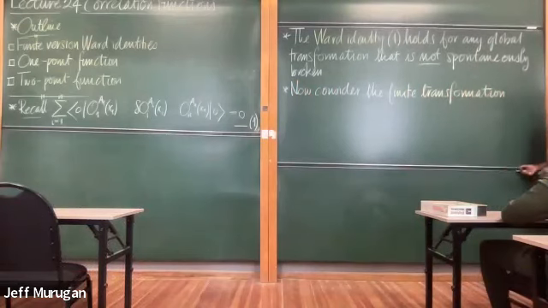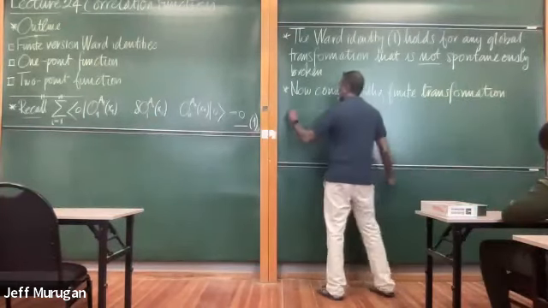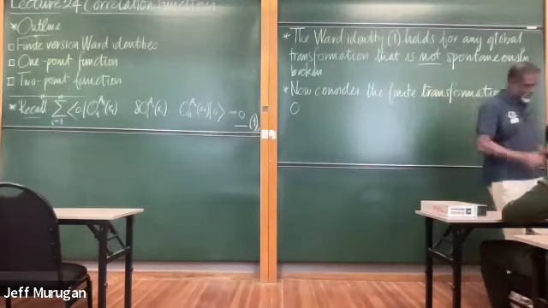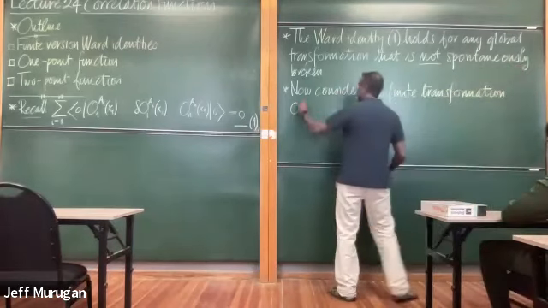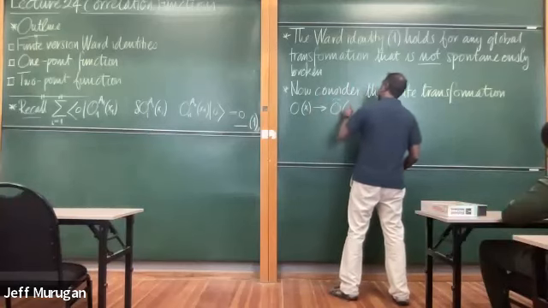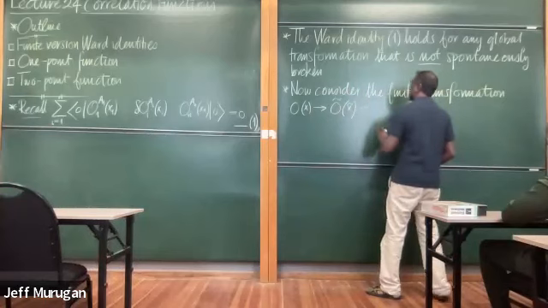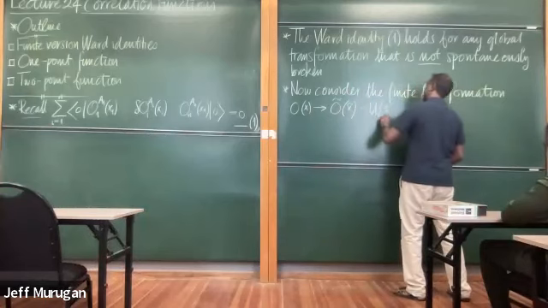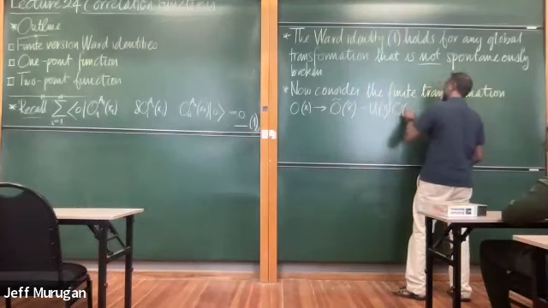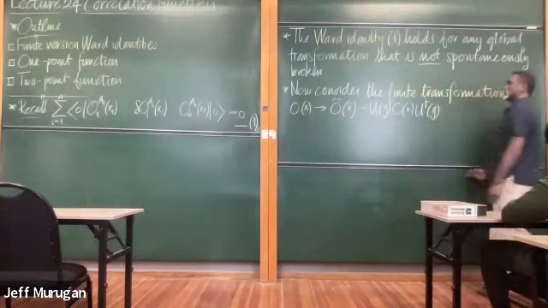So for a finite version of the Ward identity, let's consider the finite transformation O at x going to O tilde at x tilde, which is related to O by U of g, O at x, U dagger at g.